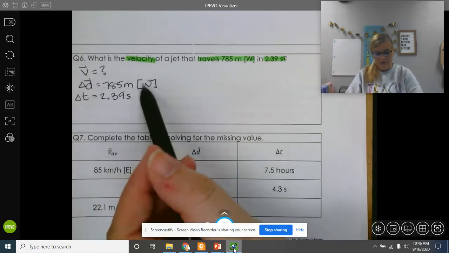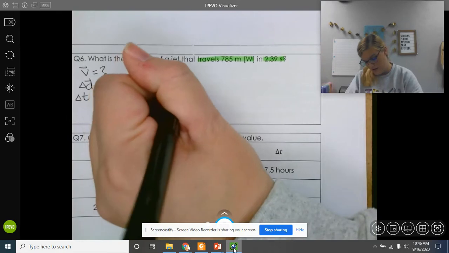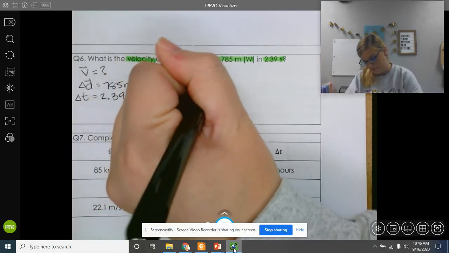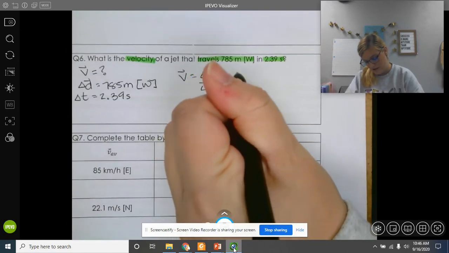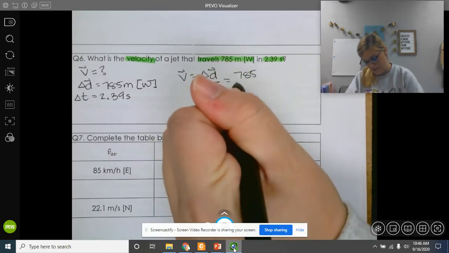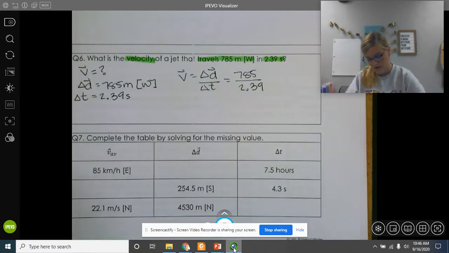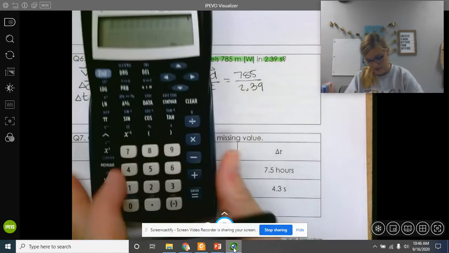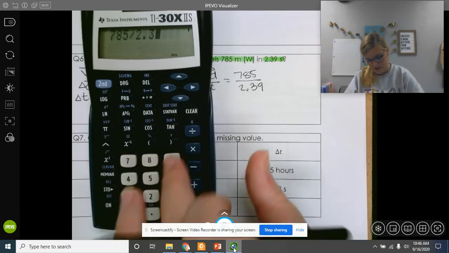So we already have meters and seconds, so that's really nice. So we can just go ahead and write our equation and then plug in 785 over 2.39. This one is nice and straightforward. So 785 divided by 2.39.